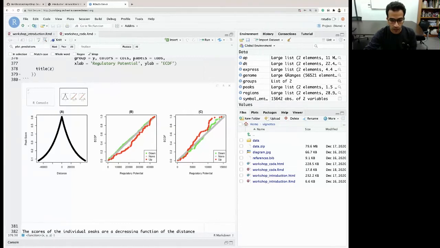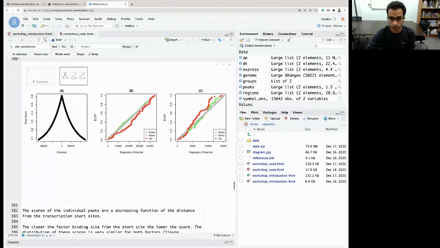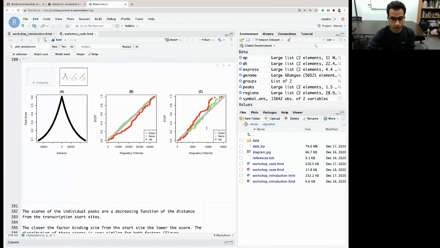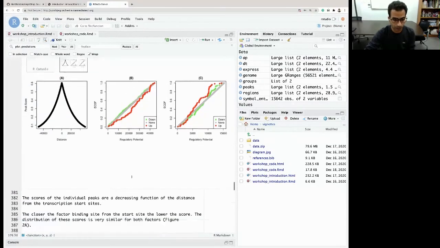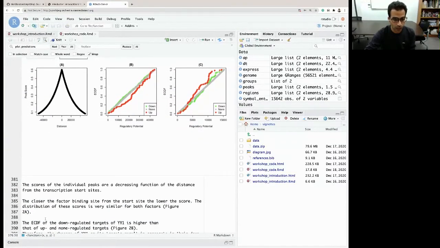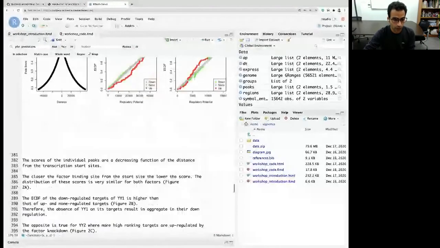We see here that there is a difference between the two groups of genes. And then this is the same for the second transcription factor. You see here that the scores for individual peaks are the decreasing function that we expect: the closer the factor binding site is to the transcription start site, the higher the score.